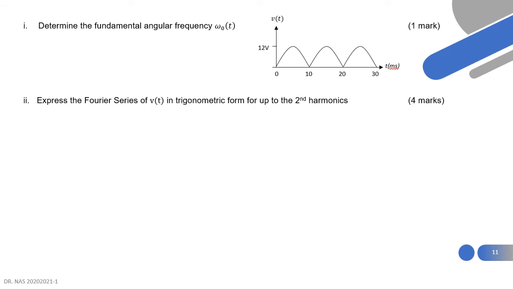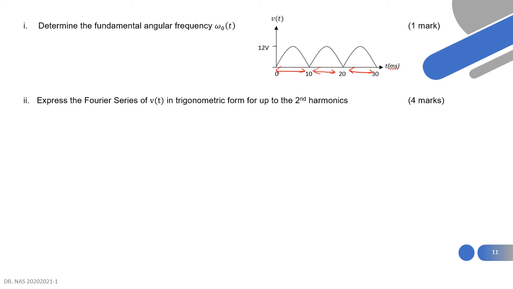The first question asks you to determine the fundamental angular frequency omega naught for the given signal Vt. So Fourier series basically represents the periodic signal. From this figure for the given signal, this is the fundamental shape in which it repeats itself multiple times.